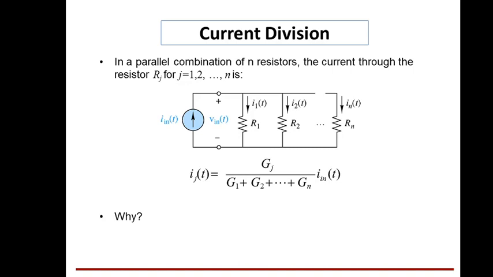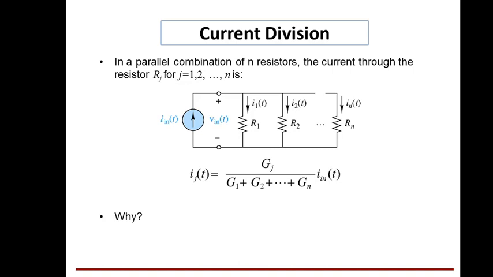That is equal to R equivalent by R1 into I_N, where I_N is the total current. Here we took the first one, and it comes out as R equivalent by R1.